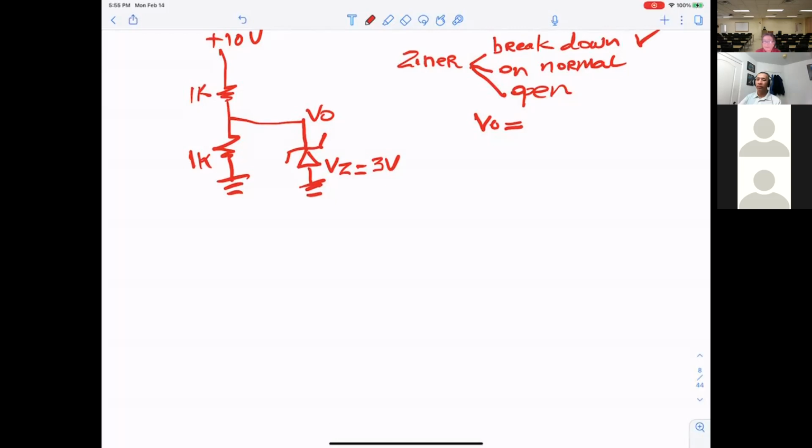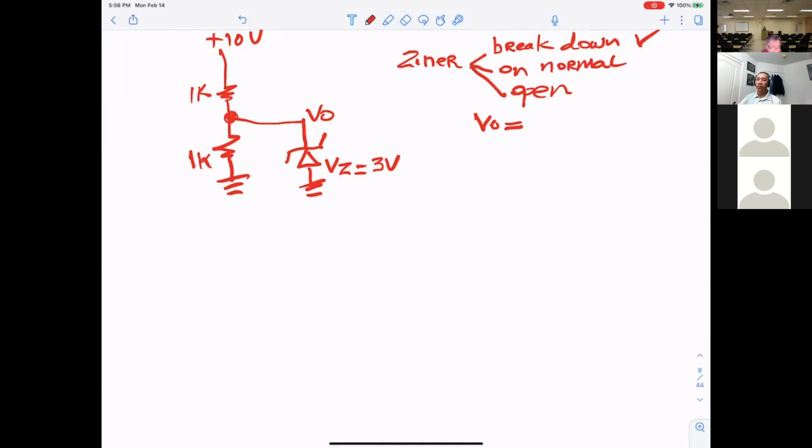Okay, any objection, anything, or you don't know? Because we have a voltage divider here, so we divide the voltage and supply 5 volts to the zener diode. Exactly. First thing, in order to solve the problem with the zener diode, you're supposed to ask, if no zener, what is the voltage at Vout?